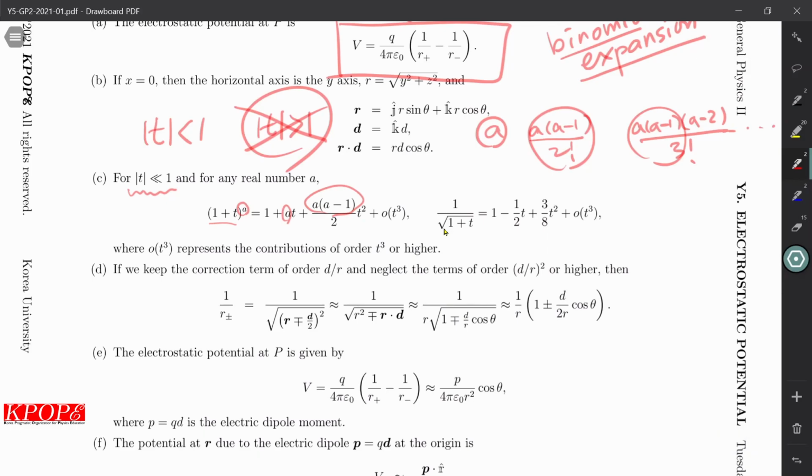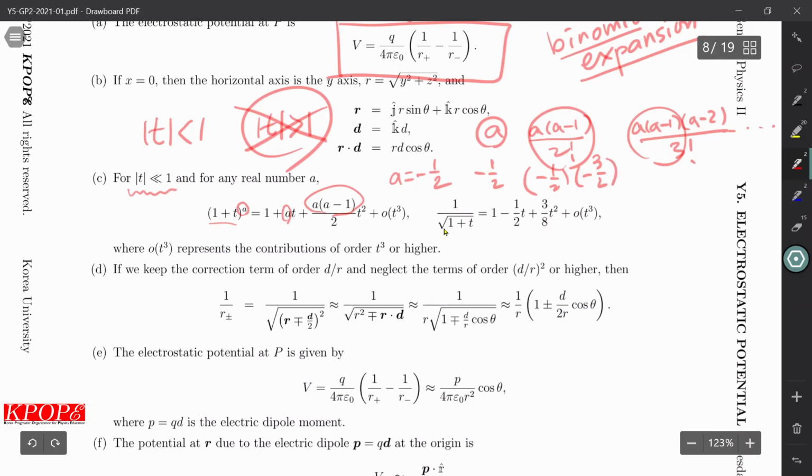What happens if we substitute a equals minus 1/2? Then this is minus 1/2, and this is minus 1/2 times minus 3/2, so minus times minus is plus, 3/8, and so on.